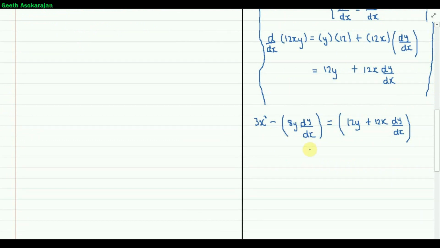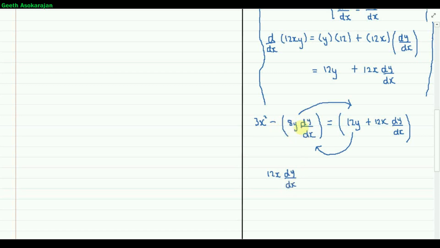And let's rearrange. Remember the plan, we need dy over dx first. So let me take this dy over dx term to the right, but at the same time moving this 12y to the left. According to my rearrangement, if I take this to the right, we have the 12x dy over dx term. So let me copy that down.